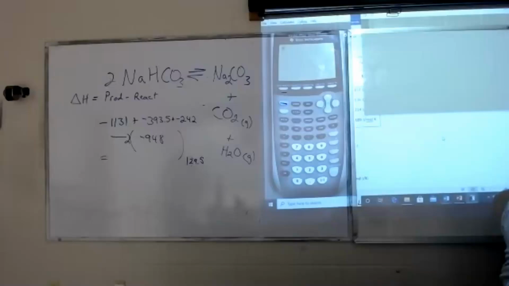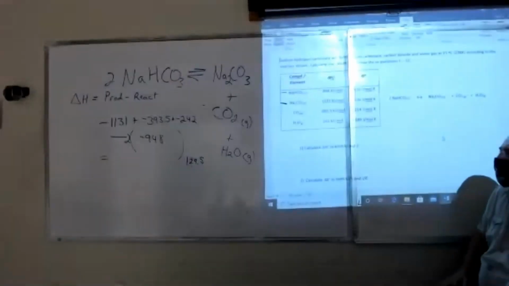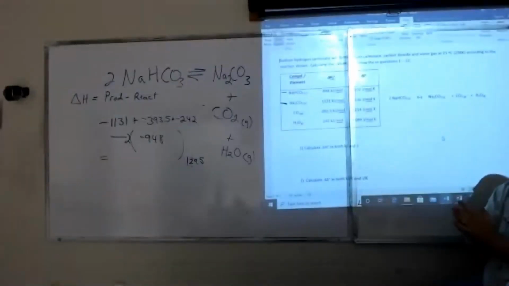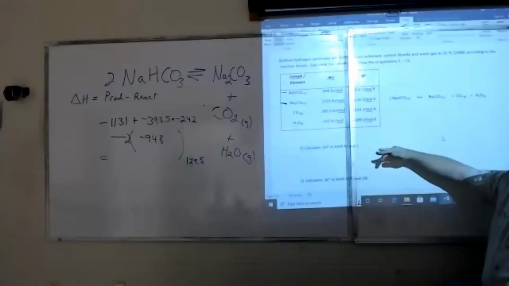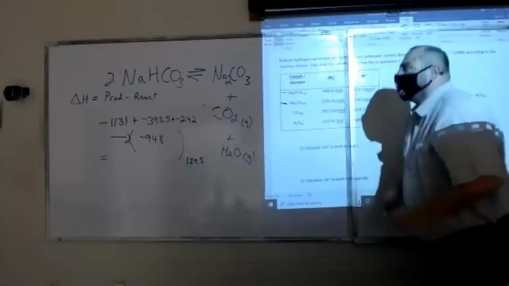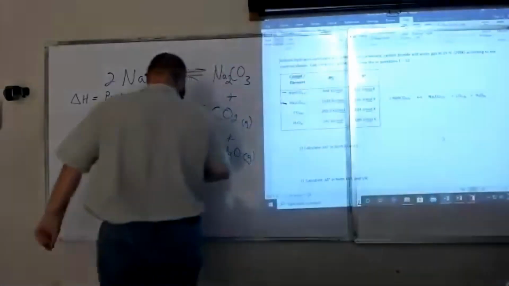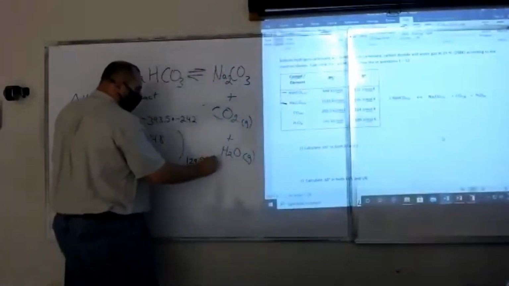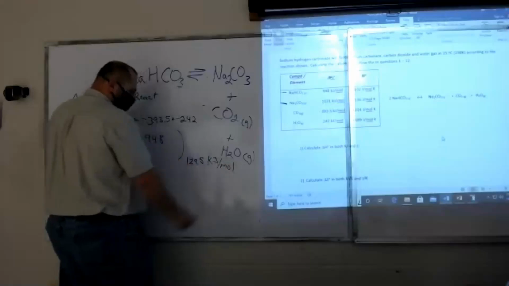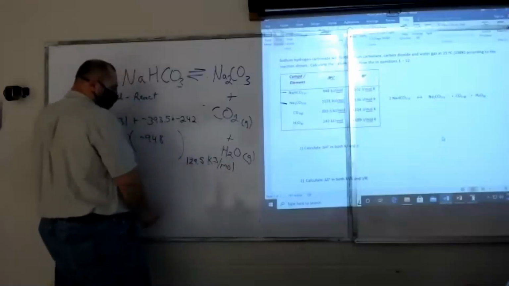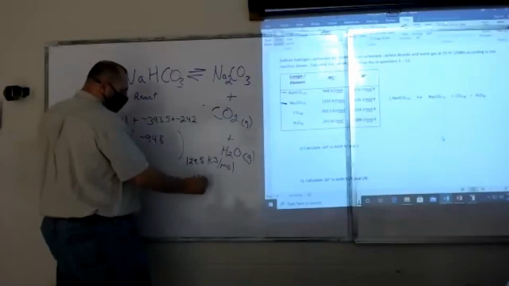What does that tell me about this reaction? It's endothermic. Good. Now, wait a minute. This is in kilojoules. What would it be in joules? Times 1,000. No, you're right the first time.